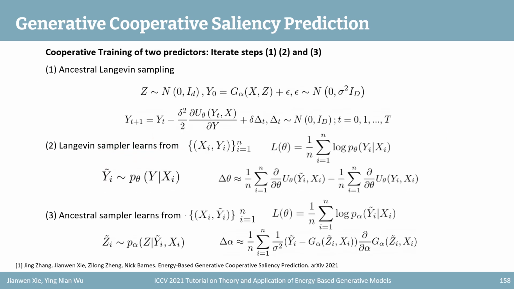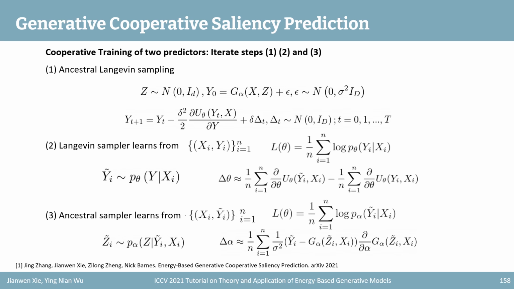As to the training, at each iteration, for each input image, the algorithm first generates a saliency prediction by ancestral and Langevin sampling, and then uses the generated prediction to update the EBM and the latent variable model, respectively.